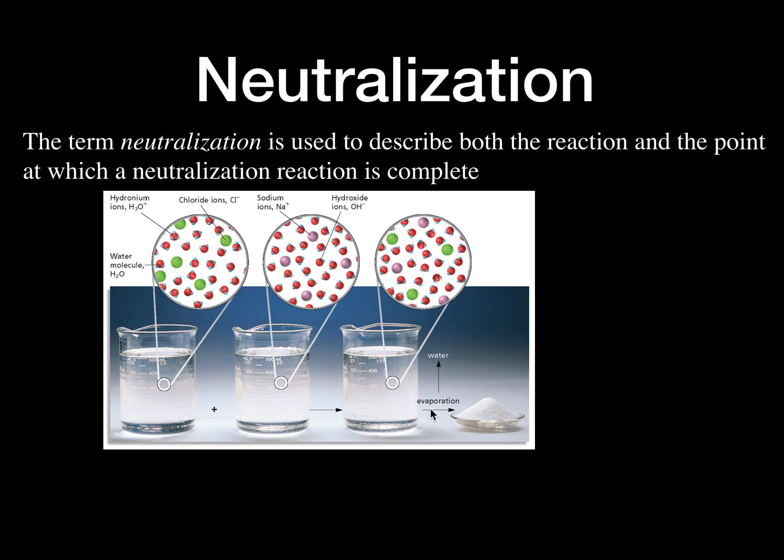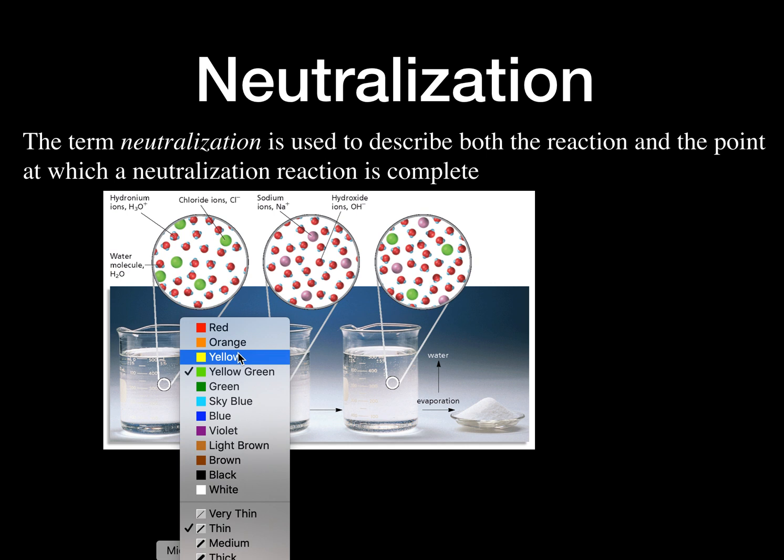And then we have an evaporation. We see some white powdery substance, right? So this is the general form of a neutralization reaction, which we've already done before this year, but now we're going to put these types of equations with a specific name.